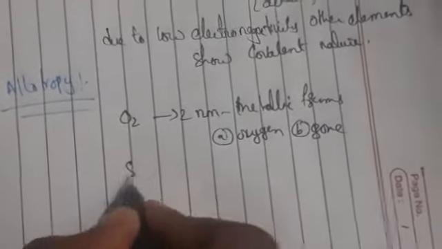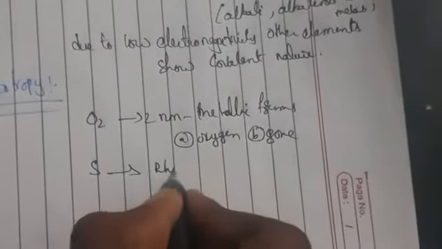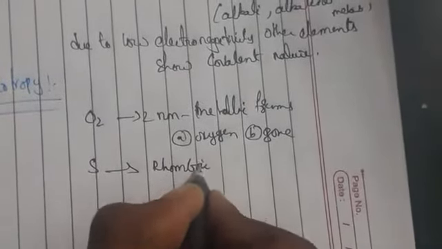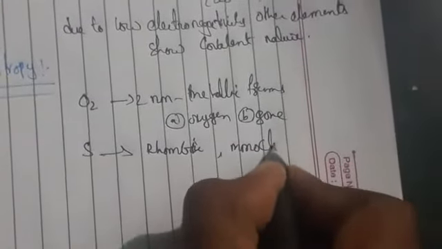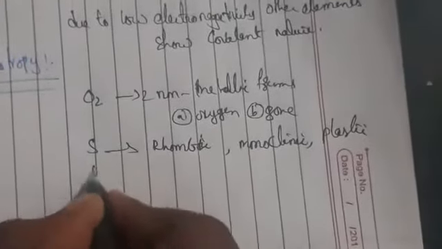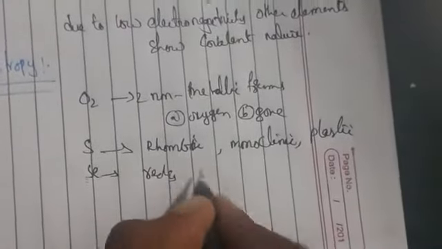Coming to sulfur, it has a number of allotropic forms; let us see some of them: rhombic, monoclinic, and plastic. Selenium exhibits red and gray forms.